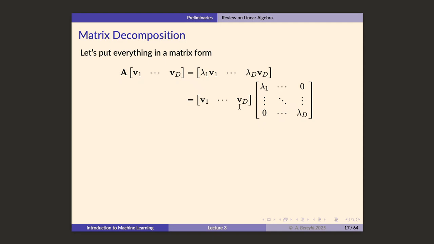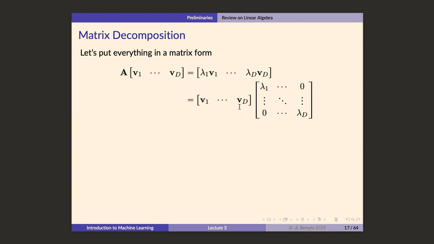We conclude that A V equals V lambda. Correct? A V equals V lambda. This is a matrix, not a vector.